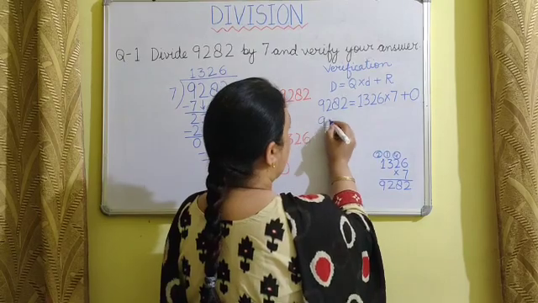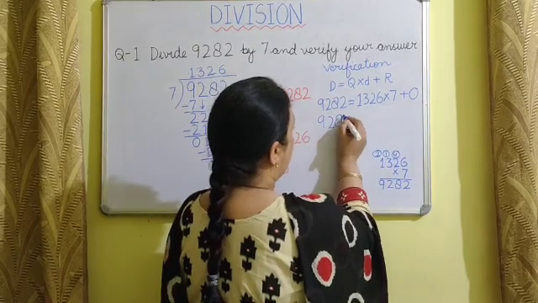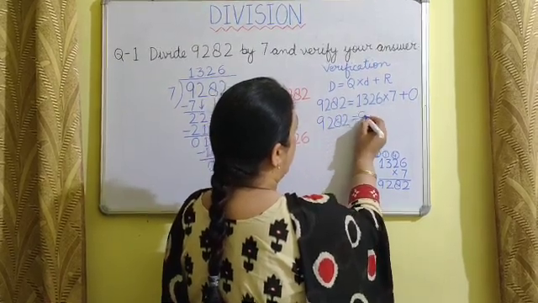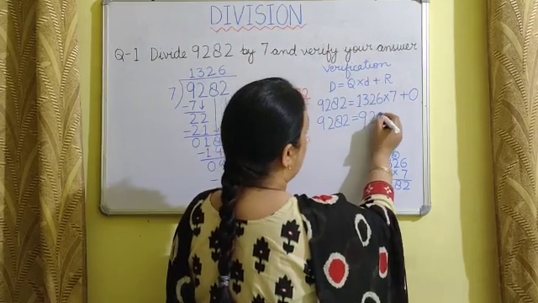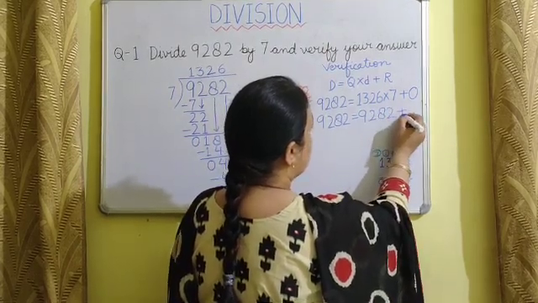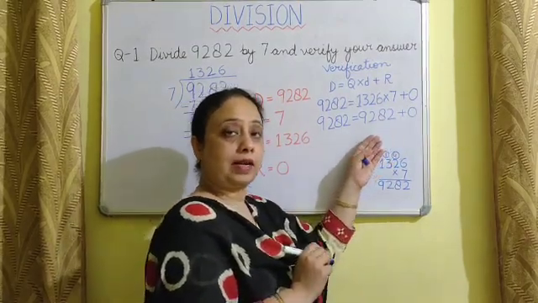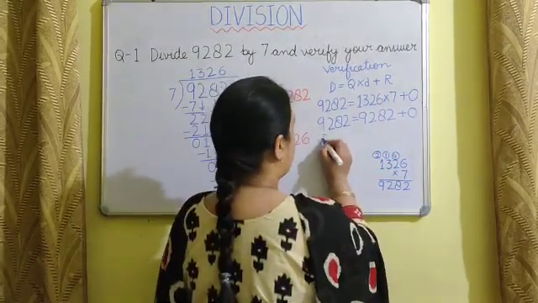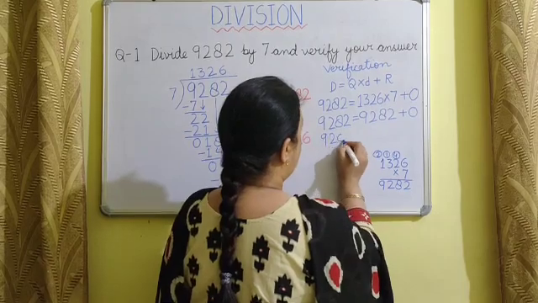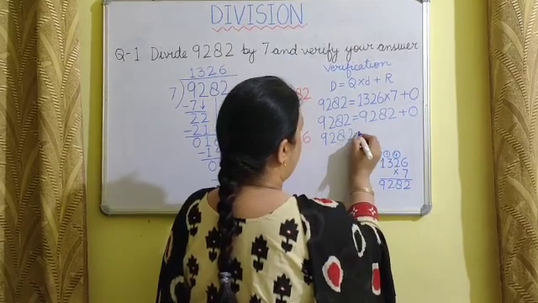So we are going to write 9282 is equal to 9282 plus 0. Now this 0 we are going to add in the next step. We know that when we add 0, our answer is the number itself.